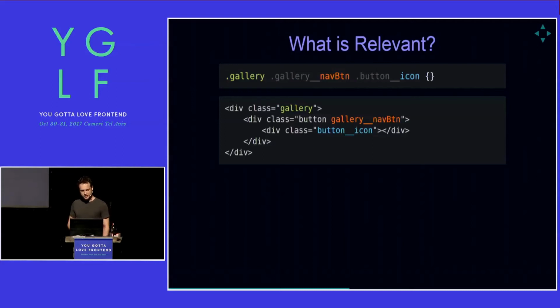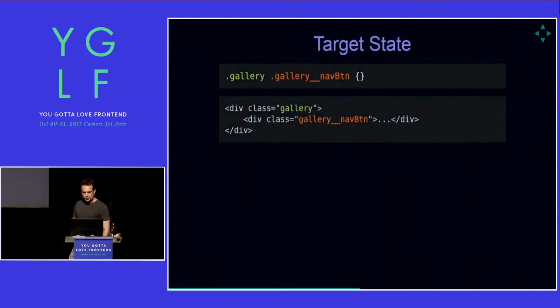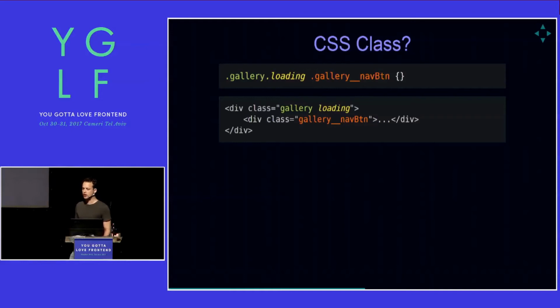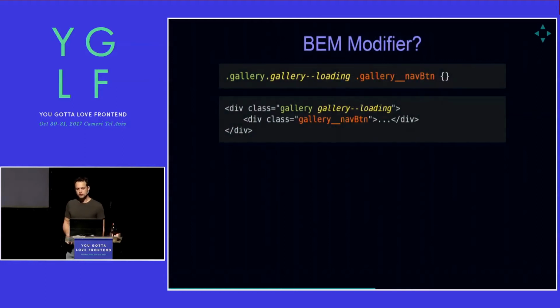But let's put this aside for a moment and talk about how we target state. We can simplify our example looking only at the gallery and nav button, and we might want to hide our nav button while our gallery is loading. So how can we express such a state? We might use a CSS class like loading on our gallery, or maybe a data attribute, or again, maybe a BEM convention.